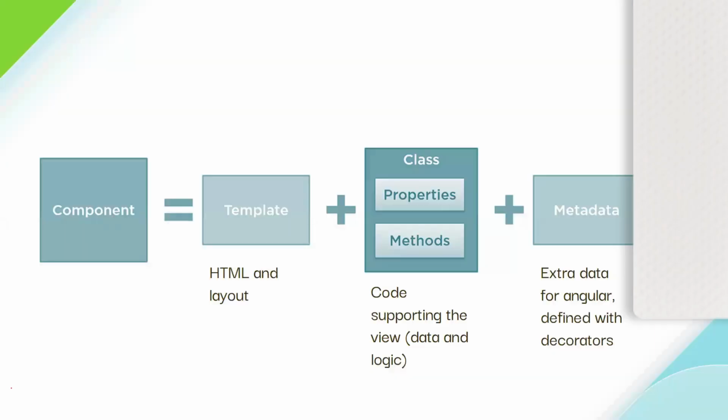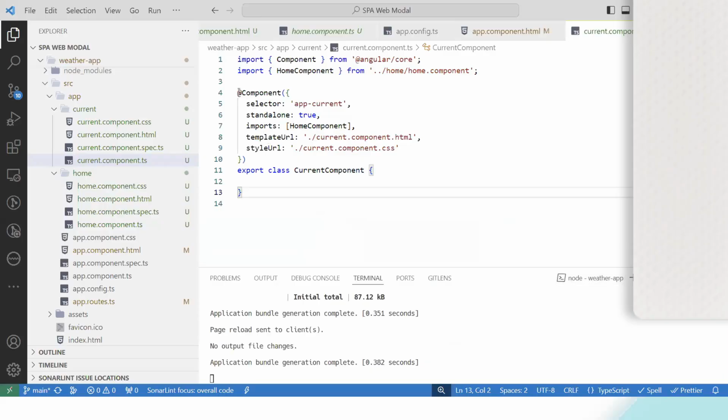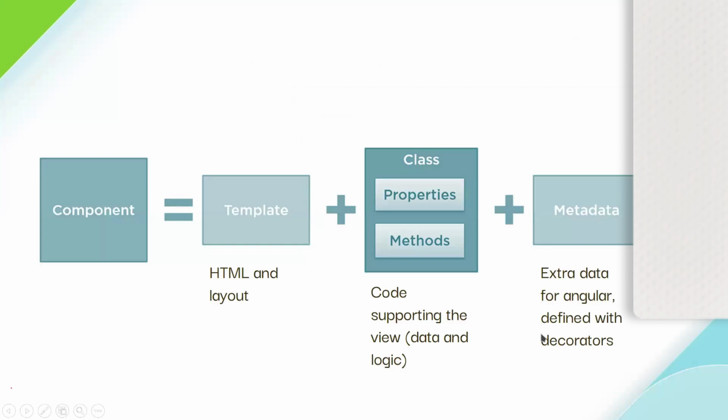In a component we have the HTML, then we have the CSS, and sorry, the TypeScript, the logic code which supports the data and other logic. And then we have the metadata like selectors. Metadata are the things that we saw here. We have the component followed by this at symbol, which is known as a decorator, right?